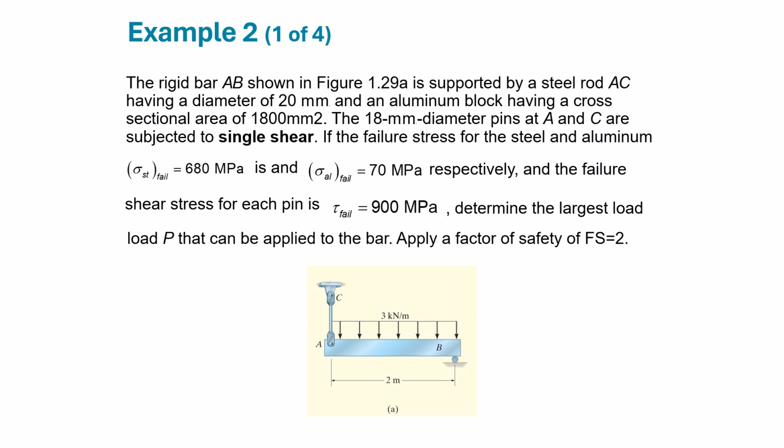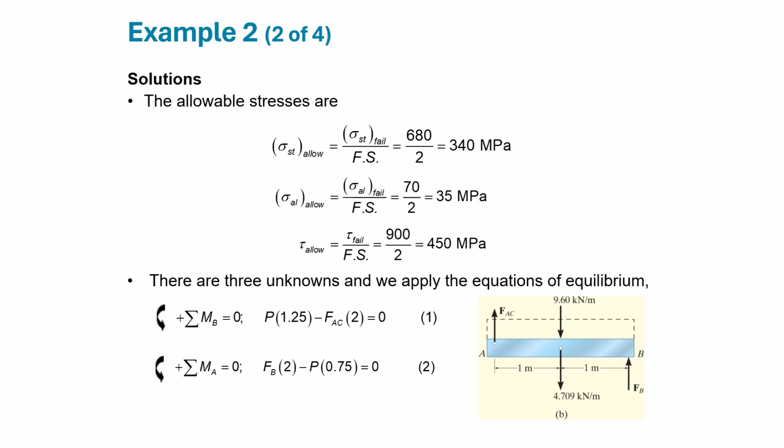If the failure stress for the steel is 680 megapascal, and for aluminum is 70 megapascal, and the failure shear stress for each pin is 900 megapascal, we need to determine the largest load that can be applied to the bar. We need to apply a factor of safety which is equal to 2.